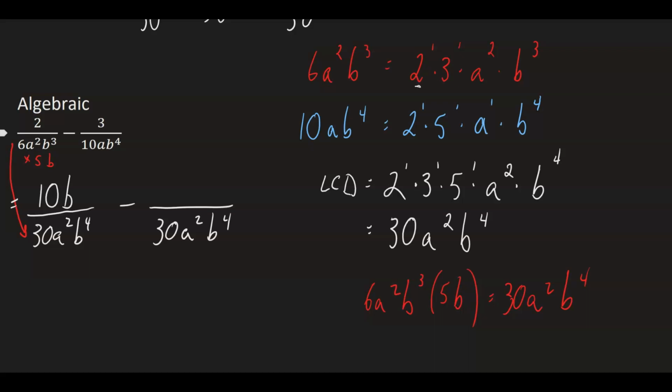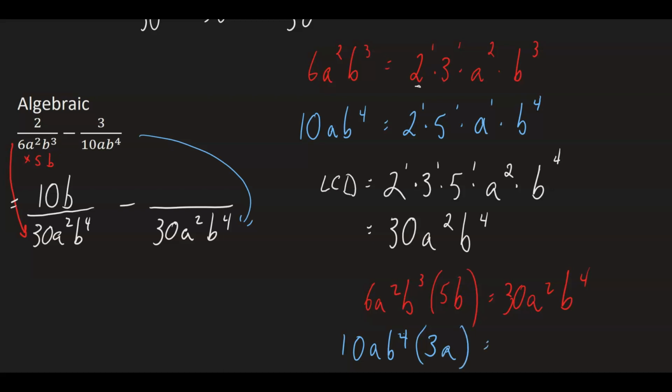Now take a look at this one. What does it get multiplied by? 10 times 3. So let's write it. We'll write our 10ab to the 4 times what? Well, it has to be multiplied by 3, and it's multiplied by another a, and that's it.